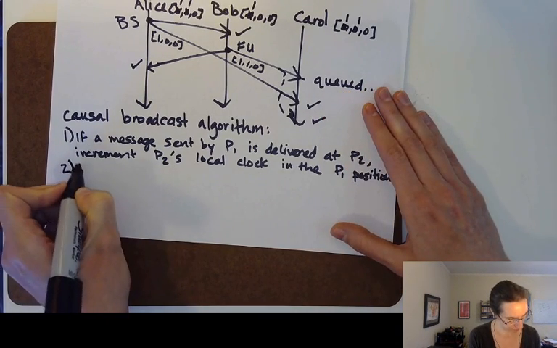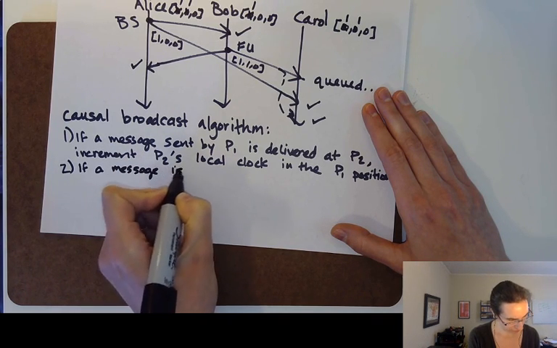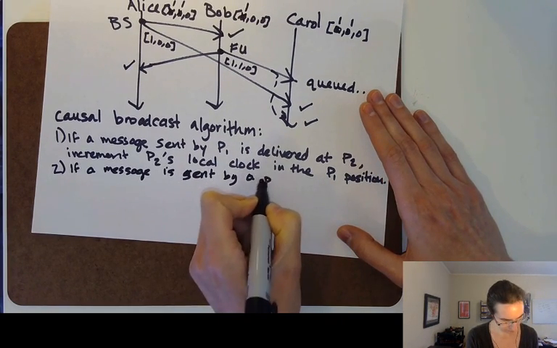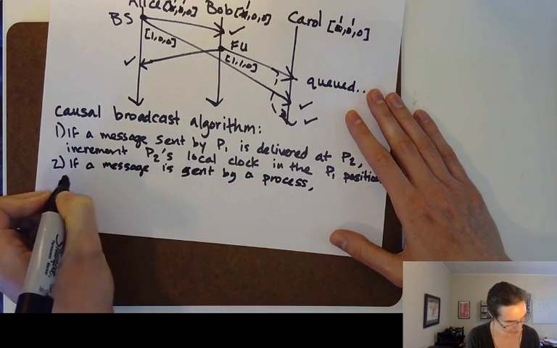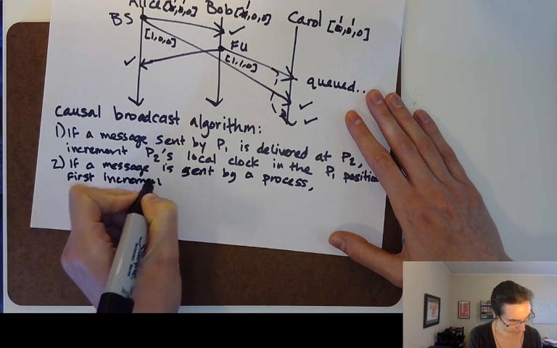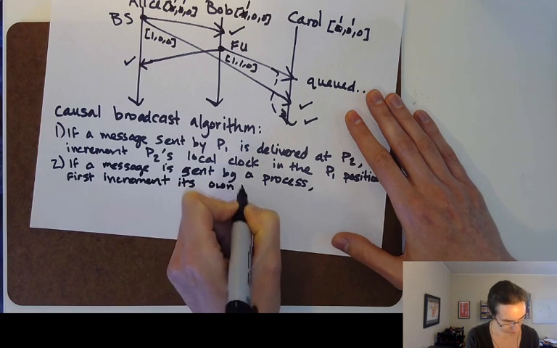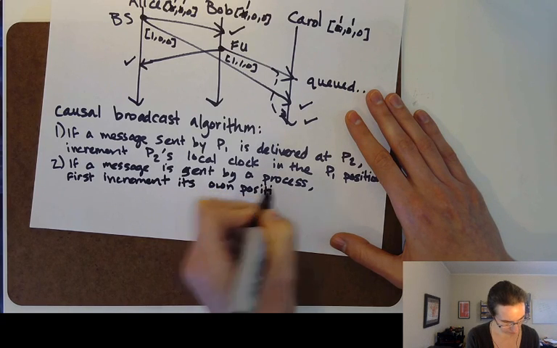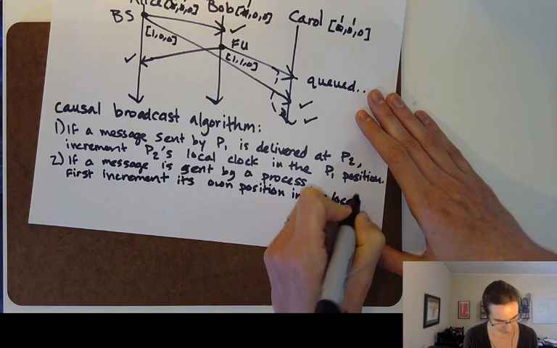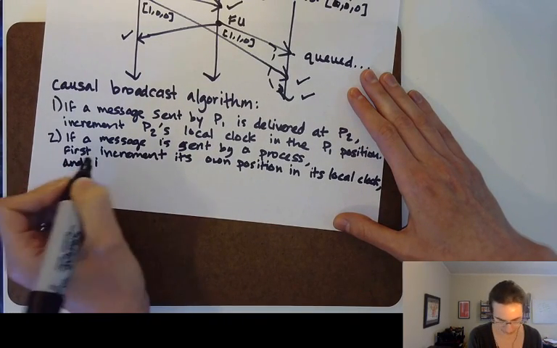Then we say, if a message is sent by a process, first, increment its own position in its local clock and include the local clock along with the message.